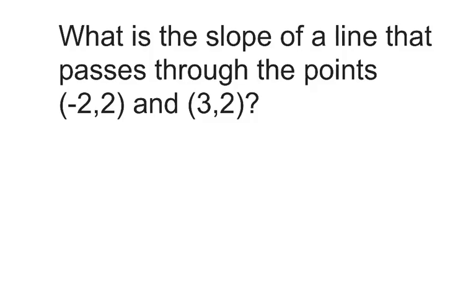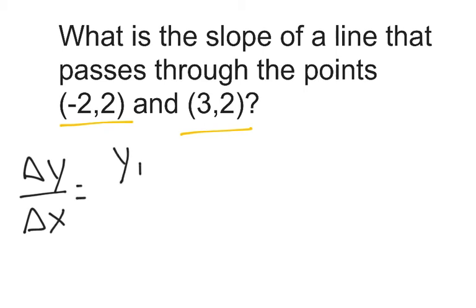So let's look at this example where we have just points that are not on an actual graph. So we have to use the formula to solve the expression. So we remember that slope is change in y over change in x, or y1 minus y2 over x1 minus x2.